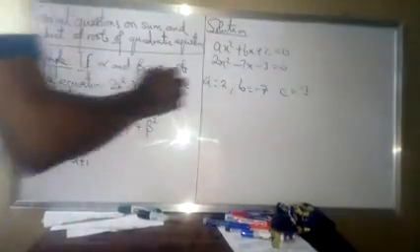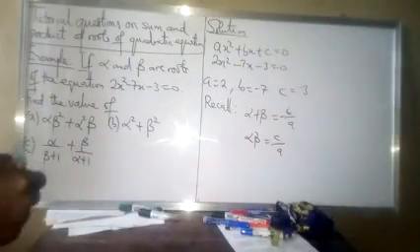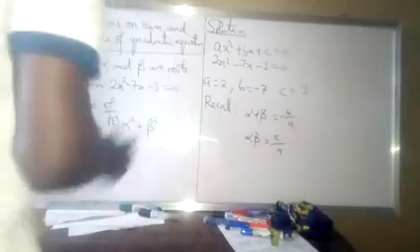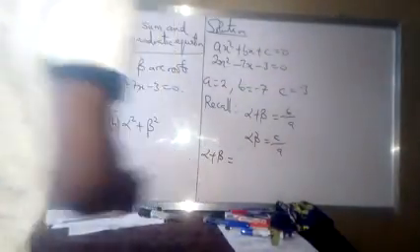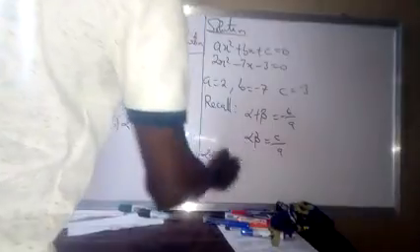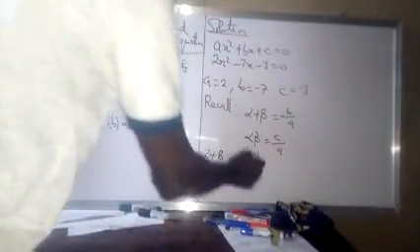So we could recall from our previous lecture, alpha plus beta is equal to minus b all over a, and alpha beta is equal to c all over a. I hope we can still recall that. Good. Now, in this case, alpha plus beta will be minus, our b is minus 7, all over our a is 2.